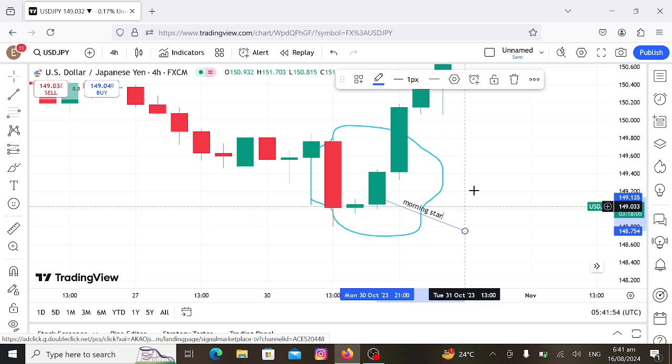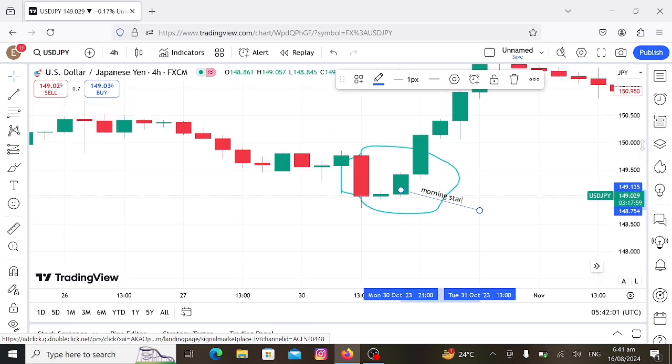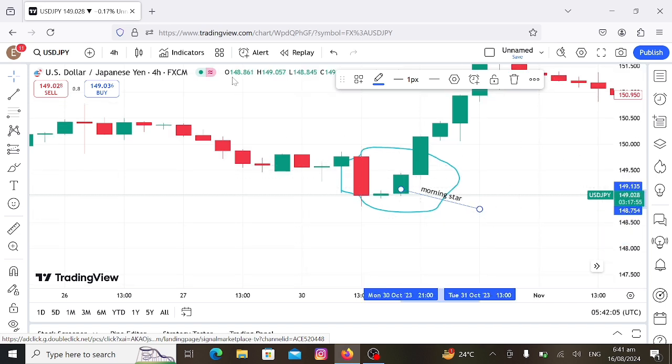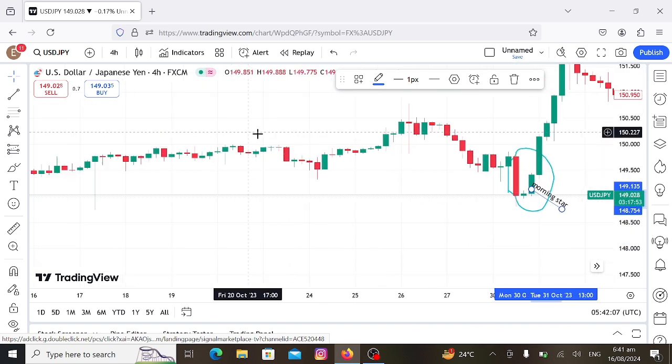This is a money star. This is how it looks like, and it signifies a potential buy in the market. So you should be looking out for this one.